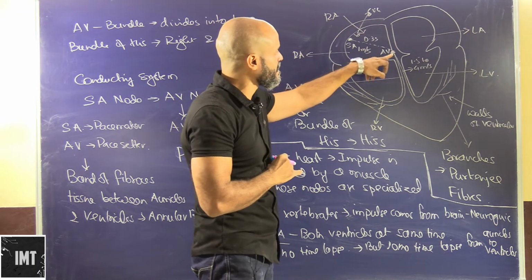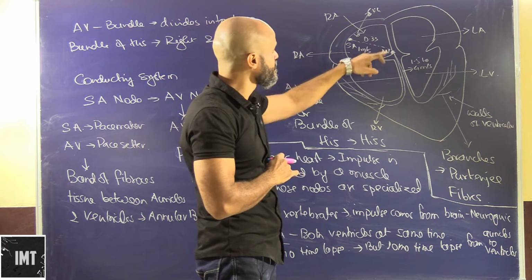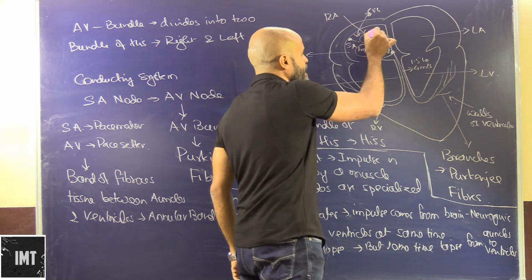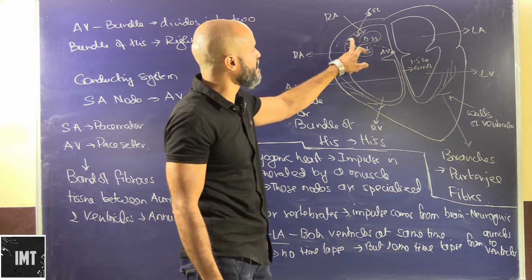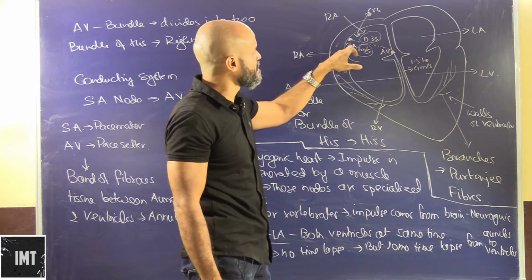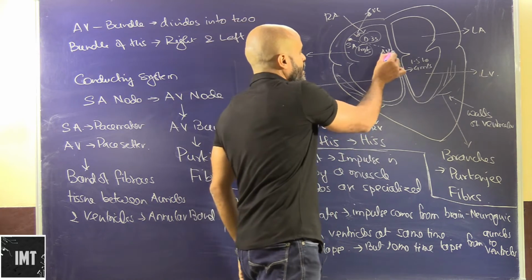The AV node is present at the junction of the auricles and the ventricles. This travels at the rate of 1 meter per second, and it takes approximately 0.3 seconds for the impulse generated from the sinoatrial node to reach the AV node.